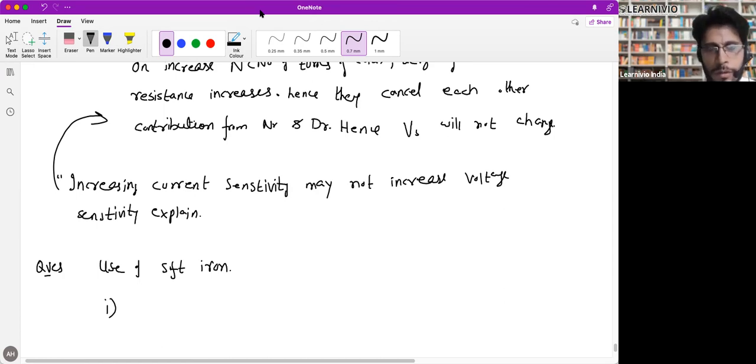Amalia, will you try? Soft iron core in galvanometer. Yes, Nazira. Soft iron core increases the strength of magnetic field. First use is it increases the strength of magnetic field.